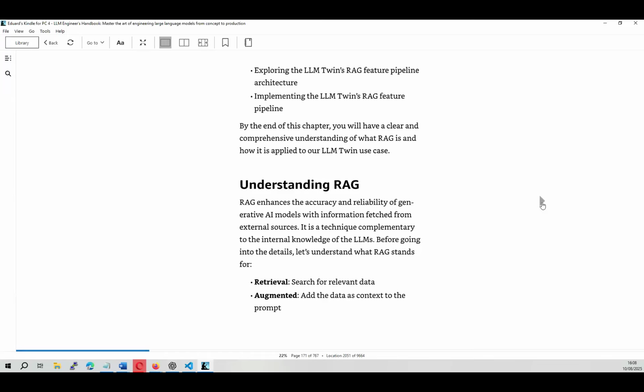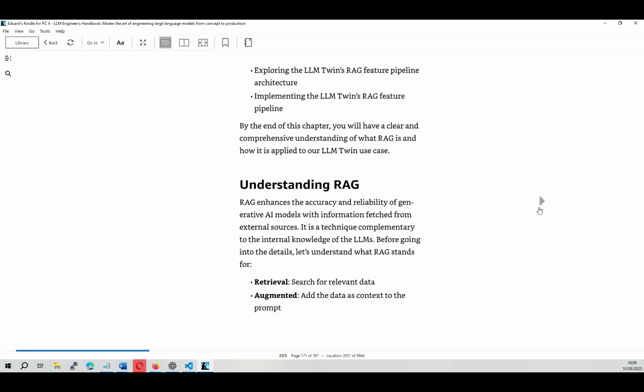Then our question, together with the result of this search from the database, goes to the large language model. Here, the second letter, A, means augmented. Augmented means that our prompt, our question, is augmented with information from this database, which basically represents the answer to our question.